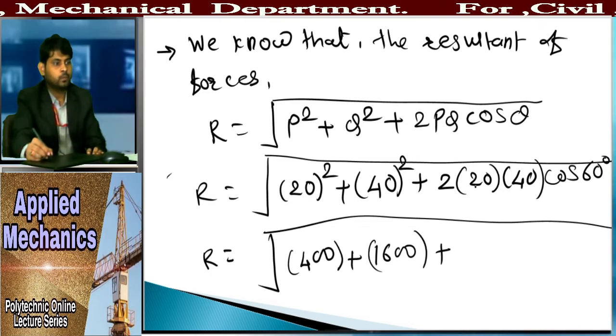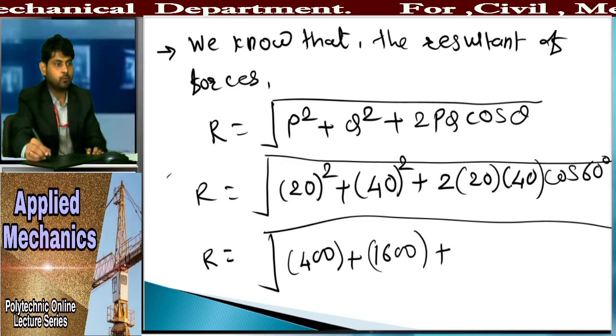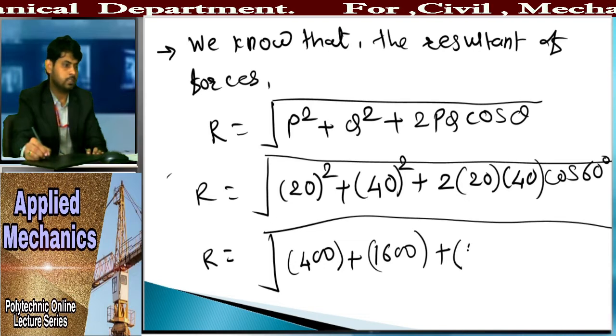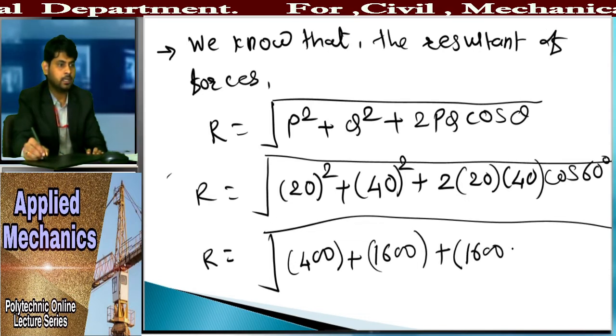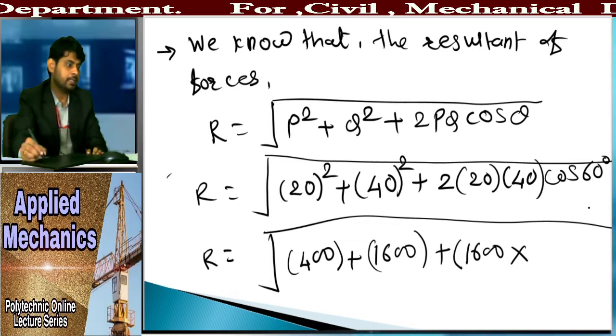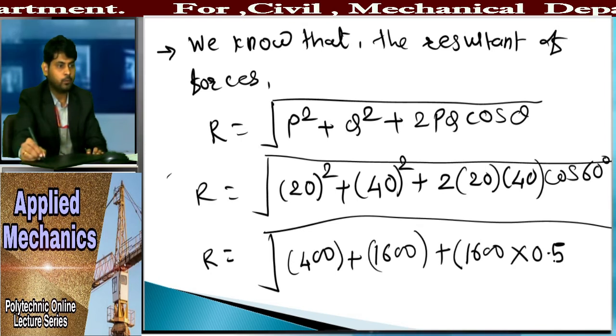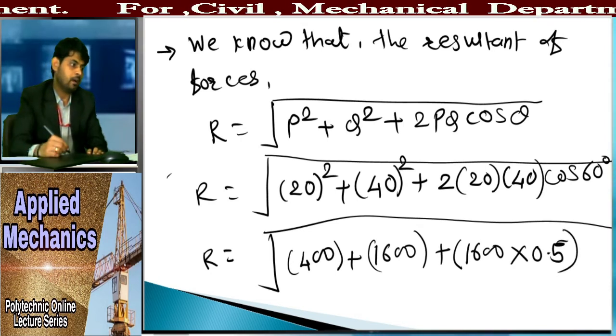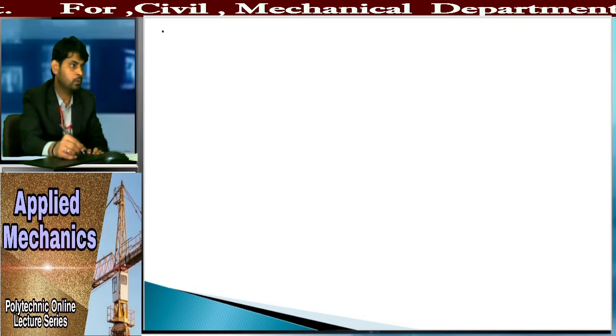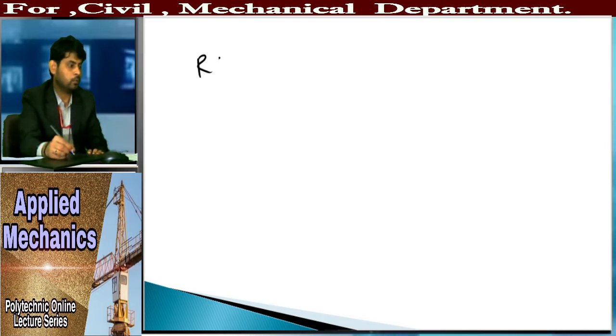After that, 2 to the 4, 4 for the 16, so it is 1600 into the value of cos 60 degrees, nothing but 0.5, right? After that, you have to do the calculation of that whole term.